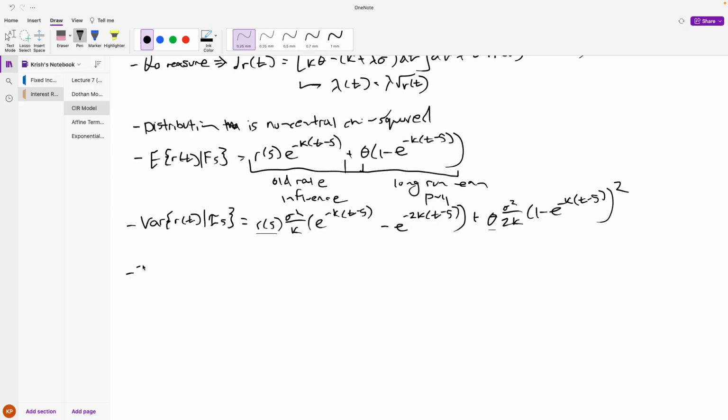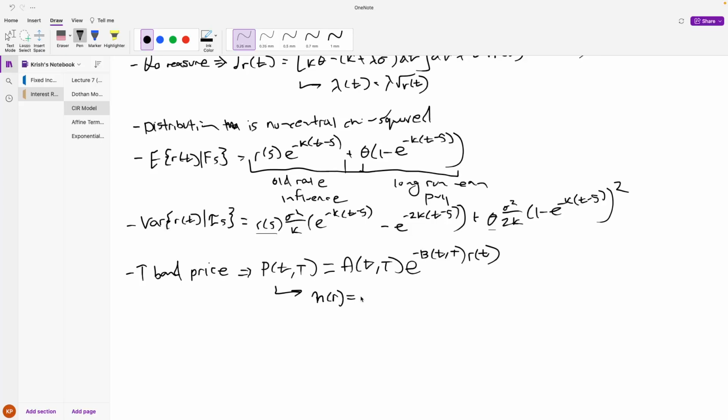Of course, the great thing about the CIR model here is that it is affine just like Vasicek, right? And obviously you guys can see why, right? We have that square root property, but once we go ahead and square that, we go ahead and get a linear approach anyways.